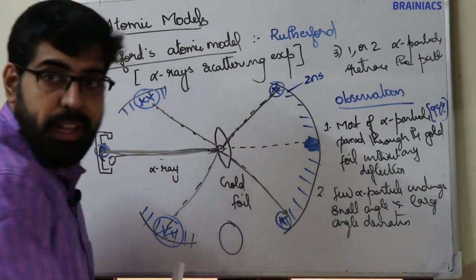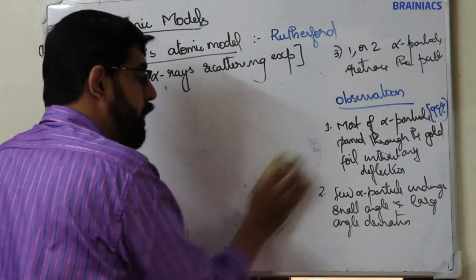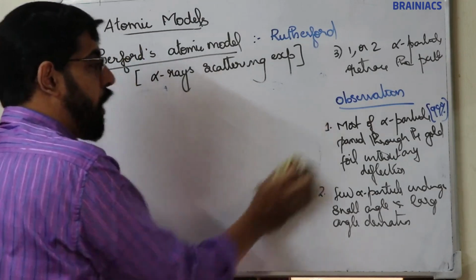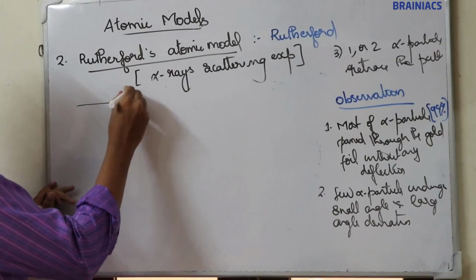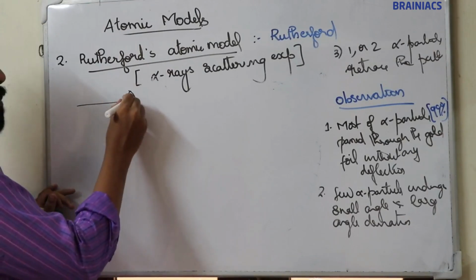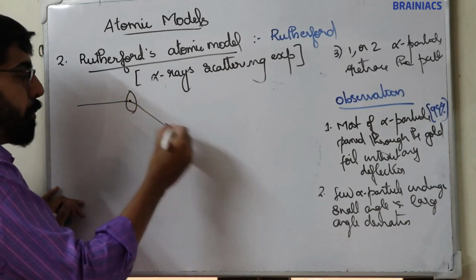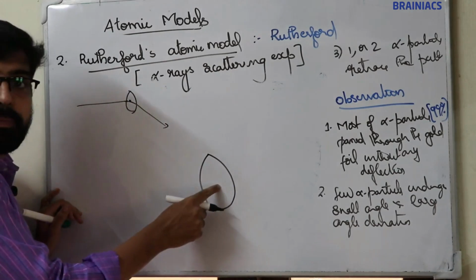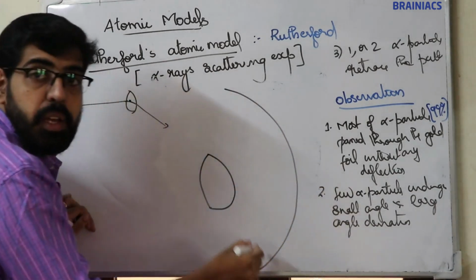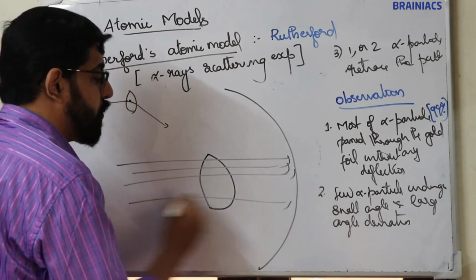So you can consider it like this: we are bombarding a stream of alpha particles at a point in the gold foil. This is the screen. The majority of the time, alpha particles pass through the gold foil without any deflection.